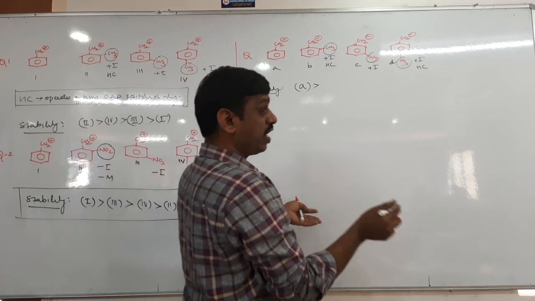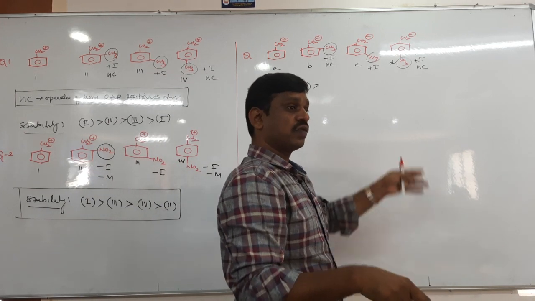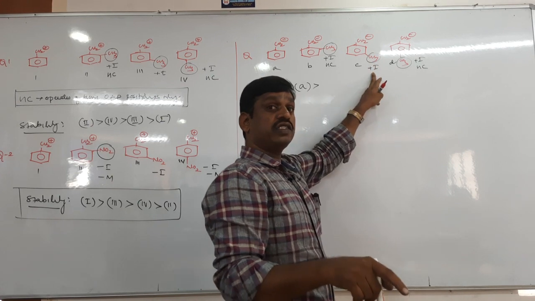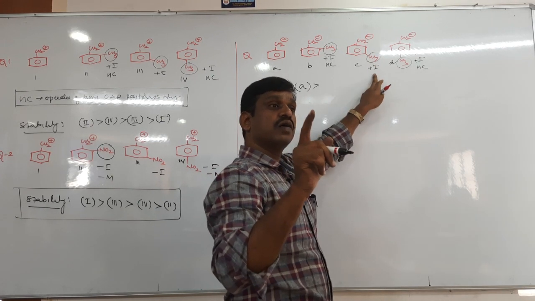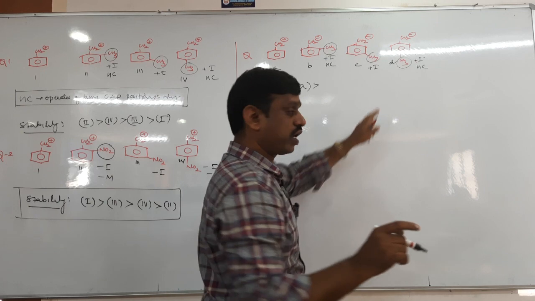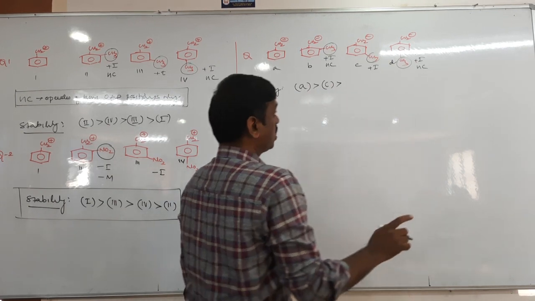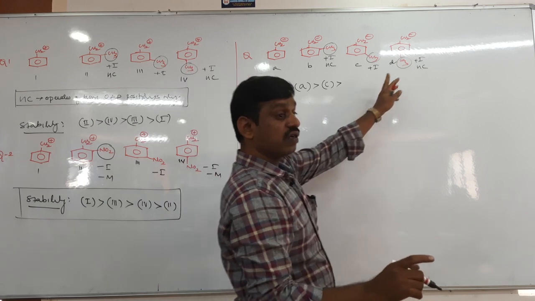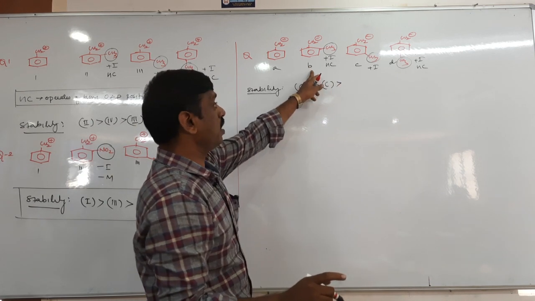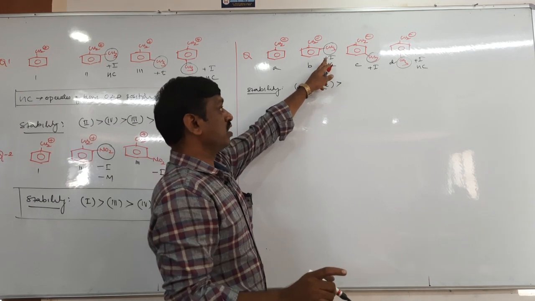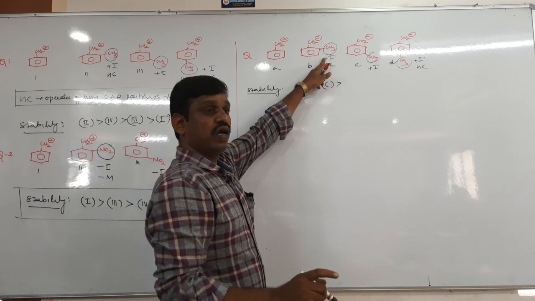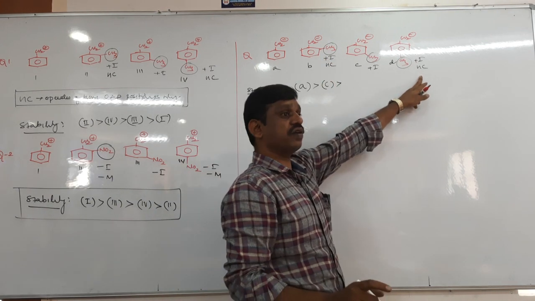Then, now where the electron releasing is less? In C, because in C there is only one effect, that is plus I. So therefore electron releasing effect is minimum. Next, D. Why not B? Because here plus I is more. Hyperconjugation will be same here and here.